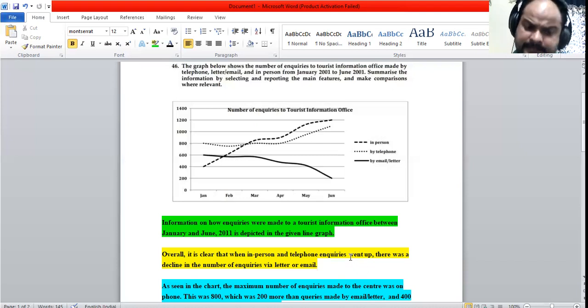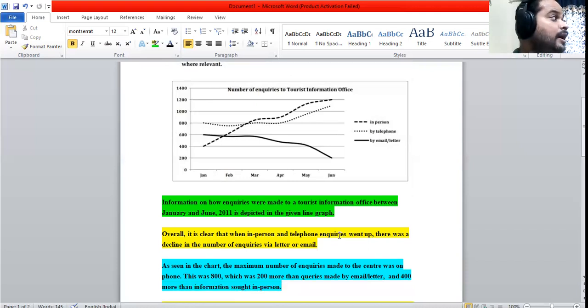Now let's see what's there more. As seen in the chart, the maximum number of inquiries made to the center was on phone in January.